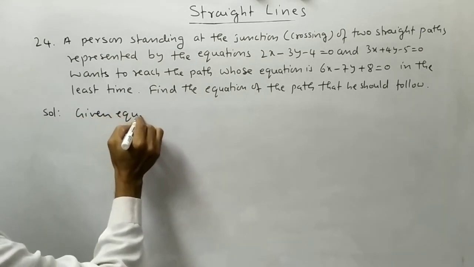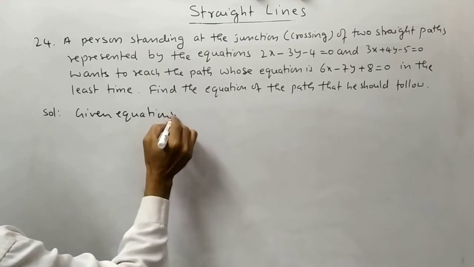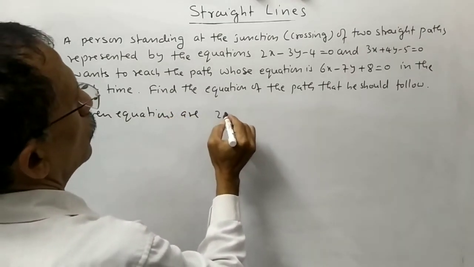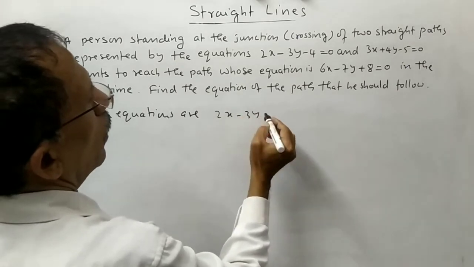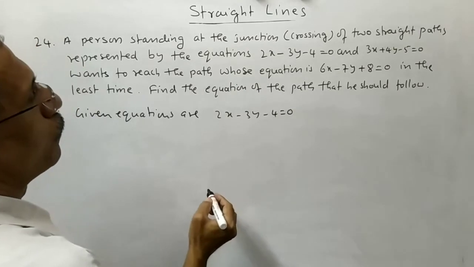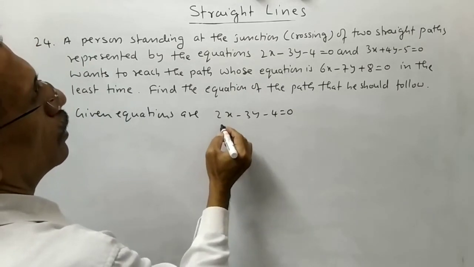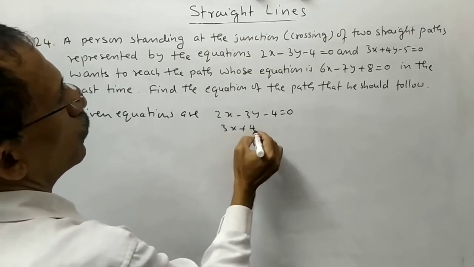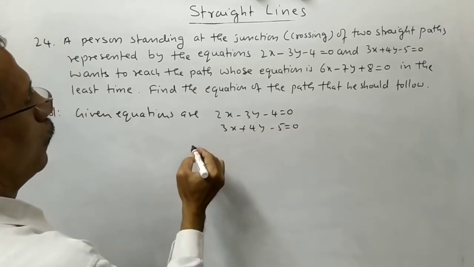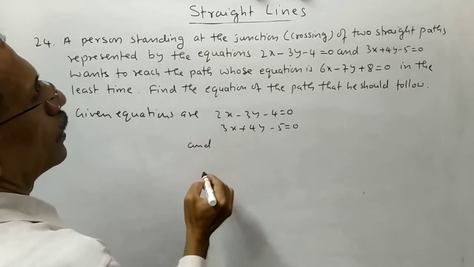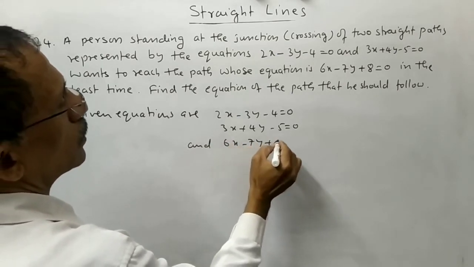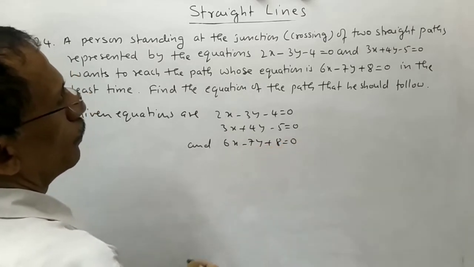Given equations are 2x minus 3y minus 4 is equal to 0, 3x plus 4y minus 5 is equal to 0 and 6x minus 7y plus 8 is equal to 0.